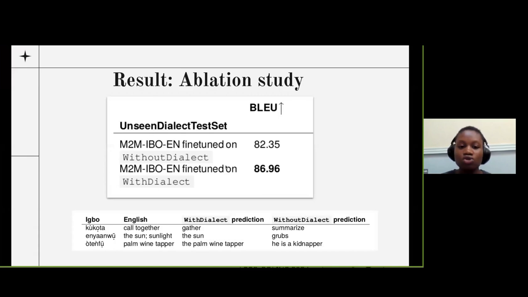So what we did was to separate our data into two. This sub data set was for the data set fine-tuned with dialect and the ones without dialect.